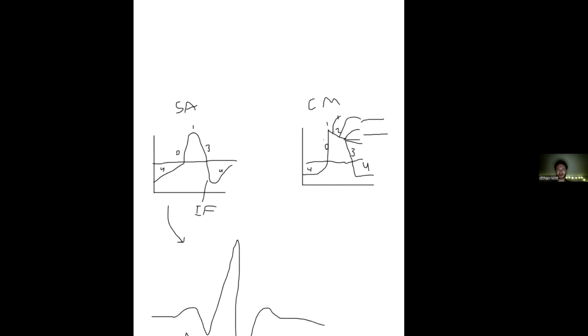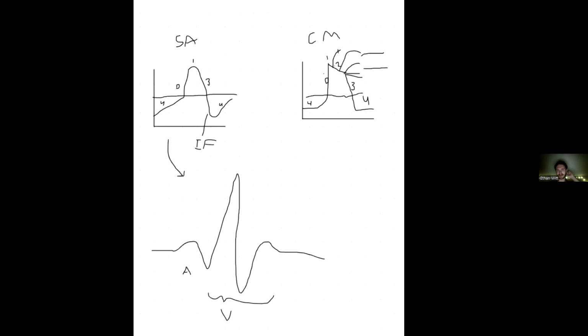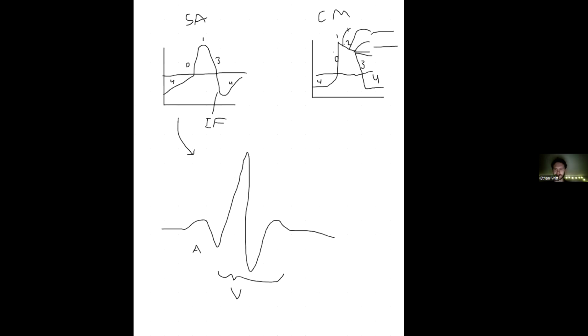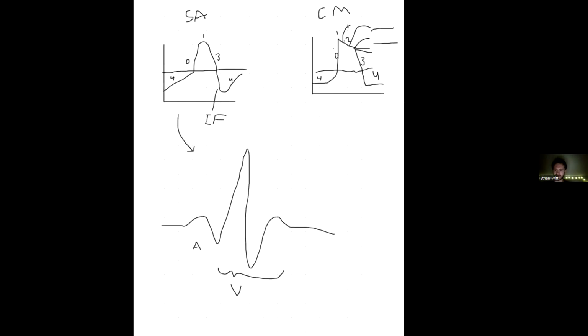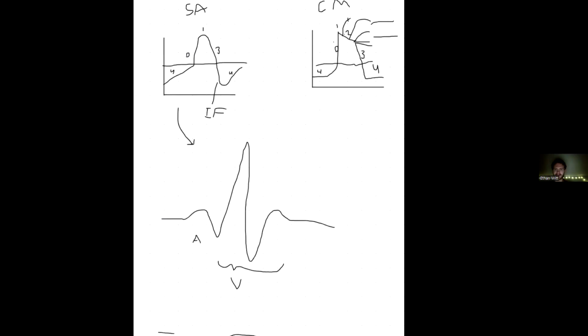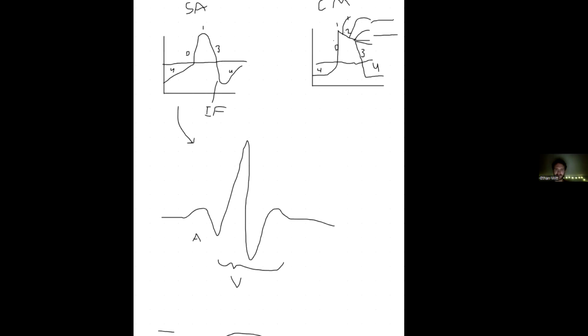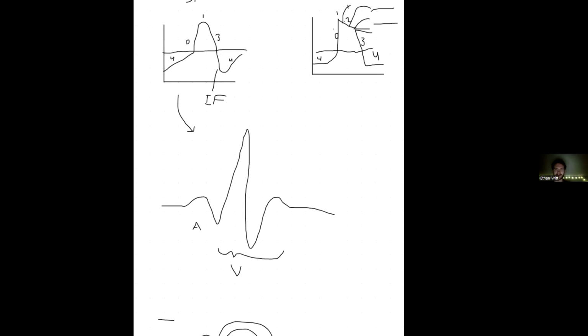So I'm going to move down, follow this arrow from the action potential of the SA node. And what I have here is what we call an EKG or electrocardiogram tracing. If you've ever seen a heart monitor, you might recognize this shape.